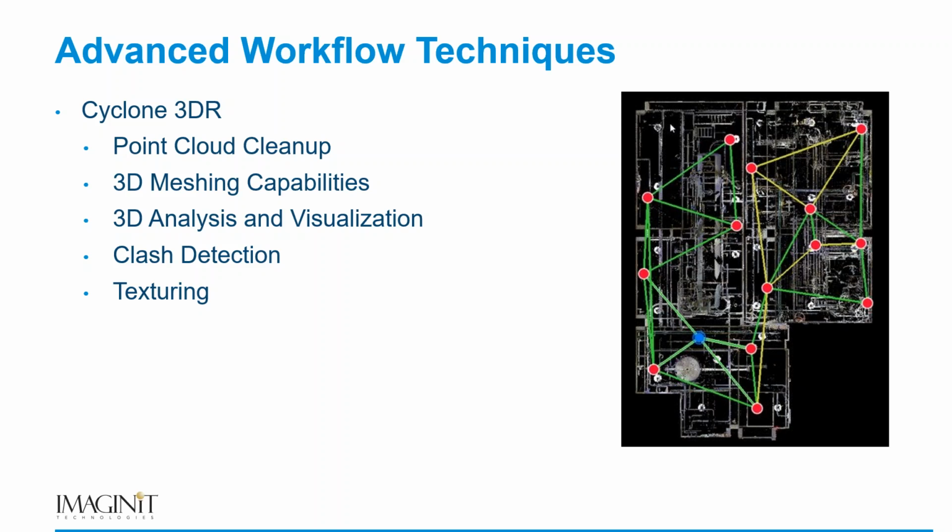Leica sees a huge influx of requests for analysis, point cloud cleanup, meshing capability, texturing, things like that. They've seen a big increase in that demand. So Cyclone 3DR is now probably one of the premier software packages to go to for a lot of this information.